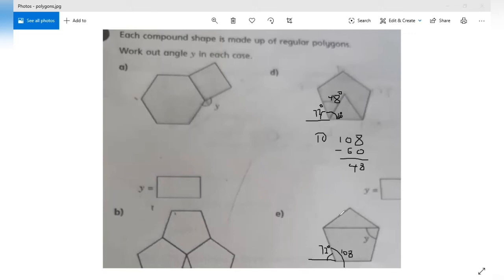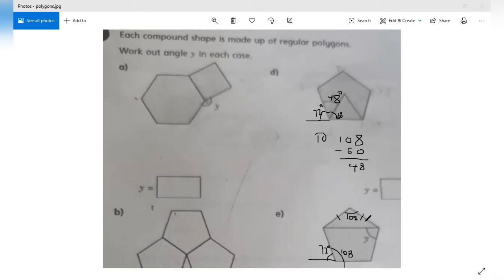However, from here to here is the same thing as from here to here because it's a regular polygon. When this has been split into a triangle up there, this is making this triangle an isosceles triangle. We already know that the top is 108 because the interior angle of a pentagon is 108 degrees each.